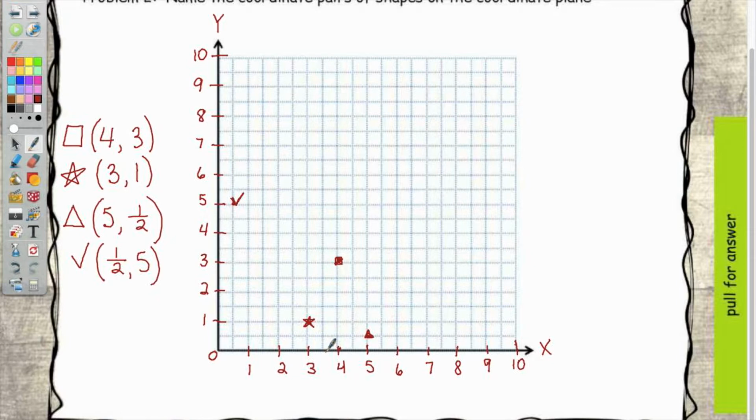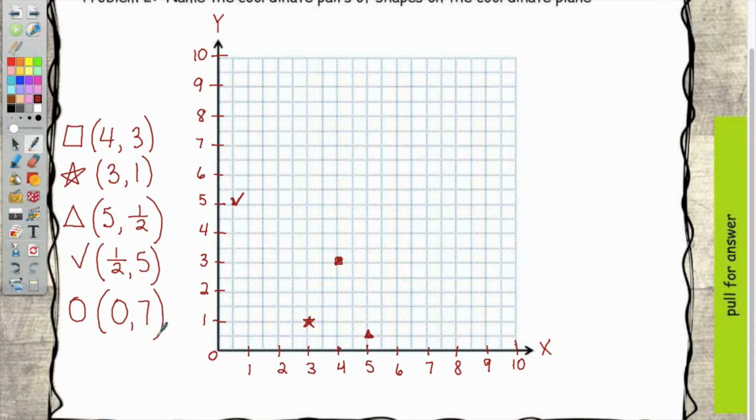A circle at 0, 7. Okay, where'd you put it? I put it at 7. This one or this one? That bottom one. Why? Because you said 0 was first. 0 is first. And I said I want you to put a circle at 0, 7.